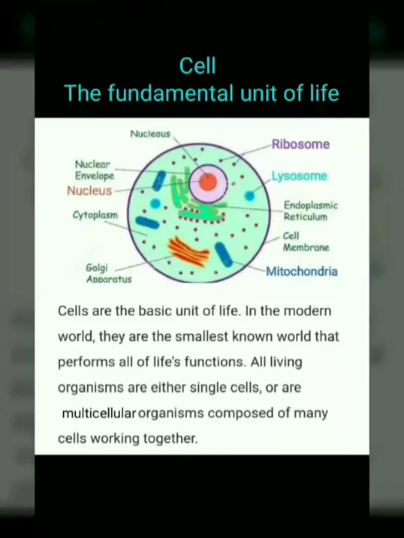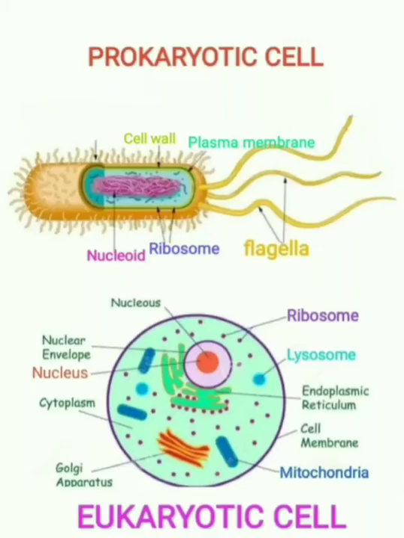The word cell is derived from the Latin word cellula, which means a little room. The scientist Robert Hooke first discovered and named cell in 1665. Cells are mainly of two types: prokaryotic cells and eukaryotic cells.